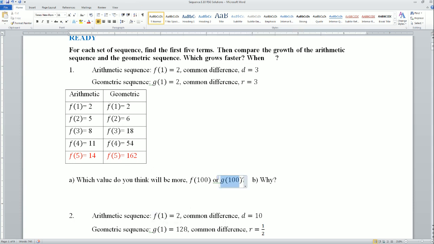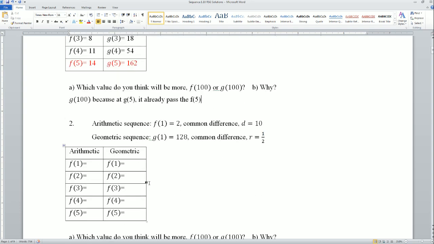So the answer would be G of 100, because it's geometric. At G of 5, it already passed the F of 5. There you go. Next one.